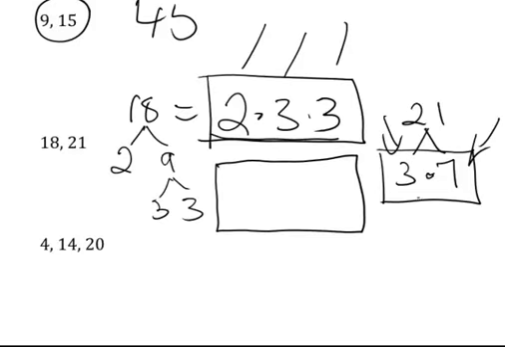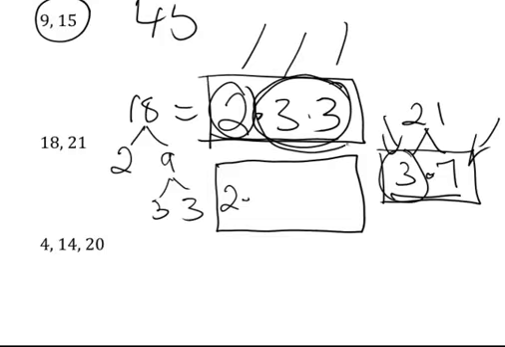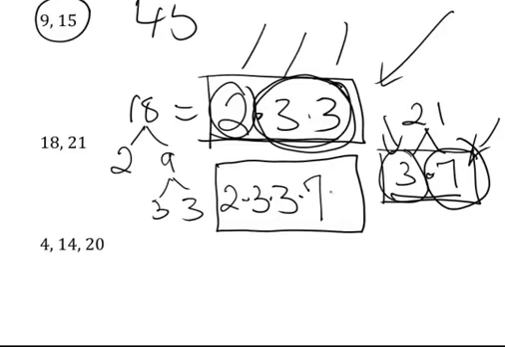Looking at this number here and this number here, I only have one 2. So I'm going to write the number down 2 once. Here I have two 3s. Here I only have one 3. Because I have more 3s here, I need to write down both 3s. In my number 21, I have a 7. I don't have any 7s here, but because I have that one 7, I need to write that out.